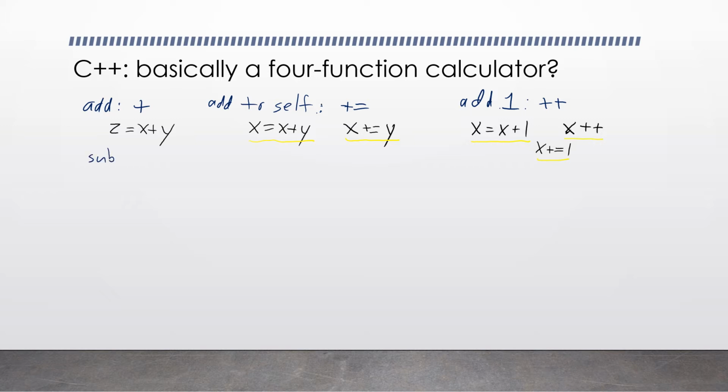So to subtract, we have the minus operator, minus equals, and to subtract 1, we have minus minus.